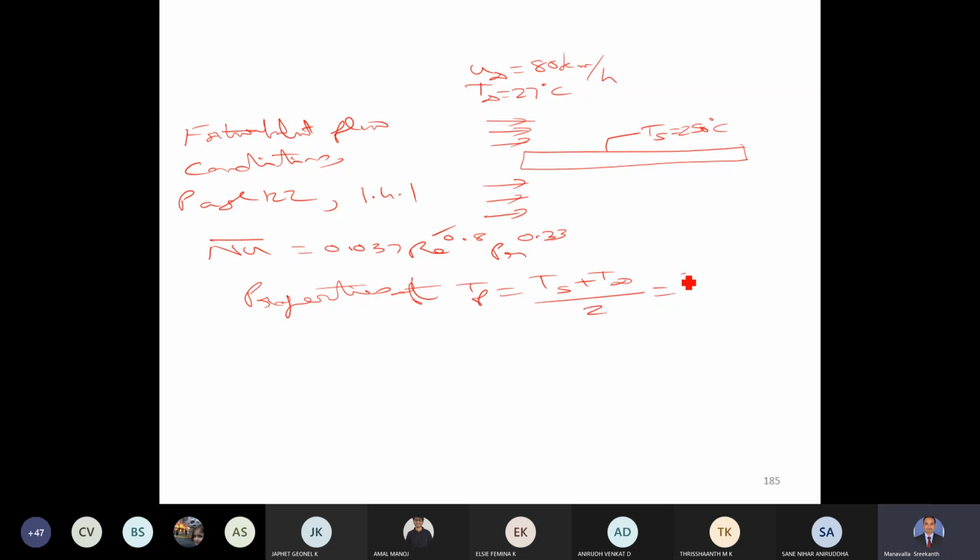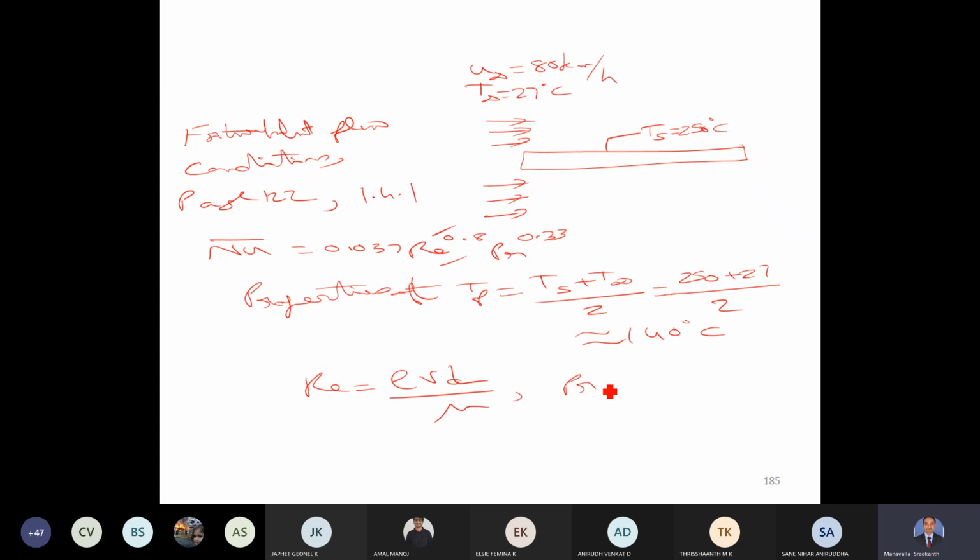So Ts is 250 plus 27, so 277 by 2. This is approximately 140 degrees Celsius. So you'll have to read the property values at 140 degrees Celsius for air and use them in this calculation. You'll have to calculate the Reynolds number, rho V L by mu.